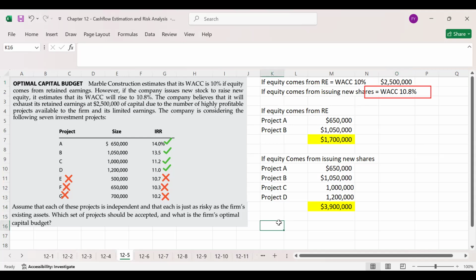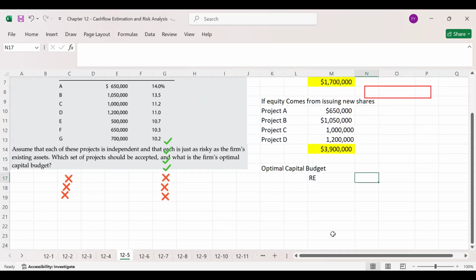However, if we prepare the optimal capital budget, then the company can go with finance from retained earning and finance from issuing new shares.